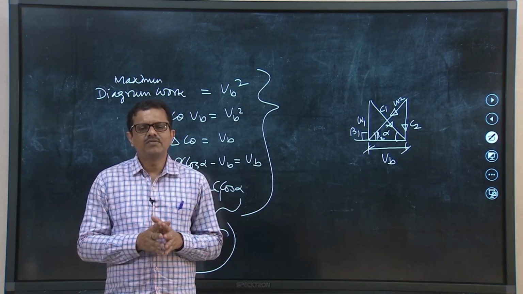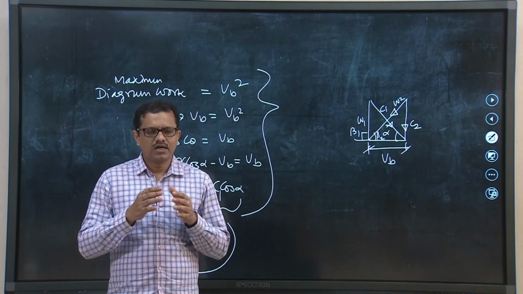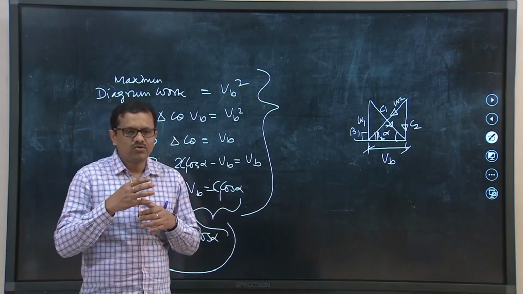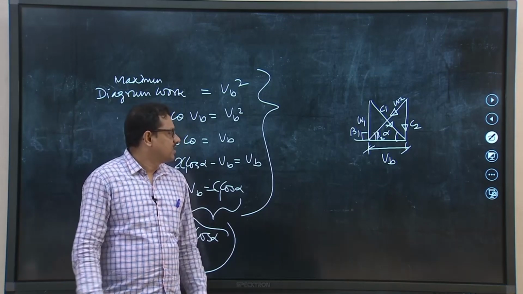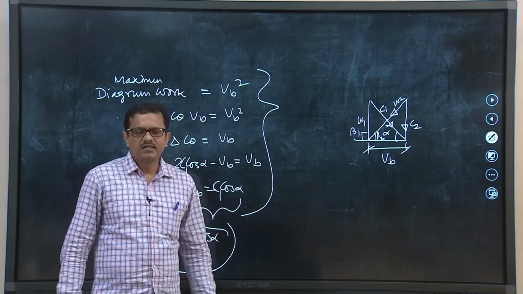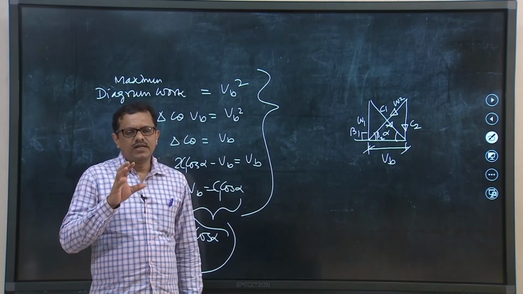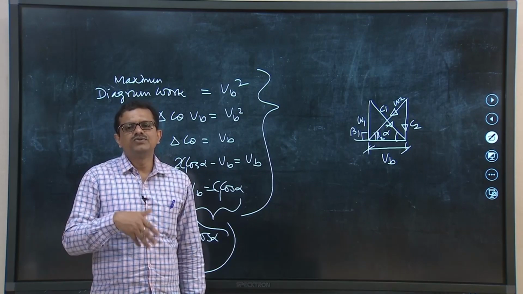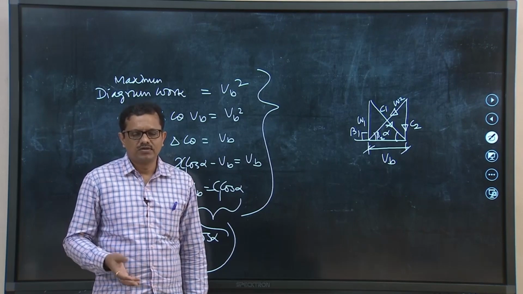From there, we have also tried to predict the velocity triangles for a 50% reaction turbine producing maximum work.